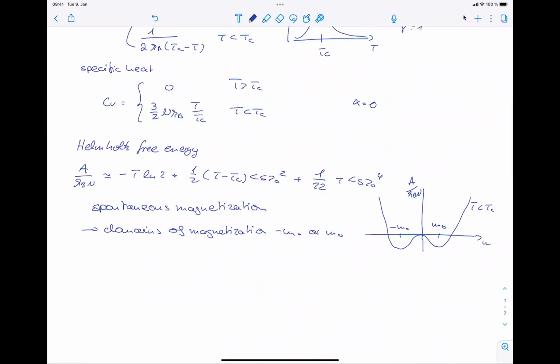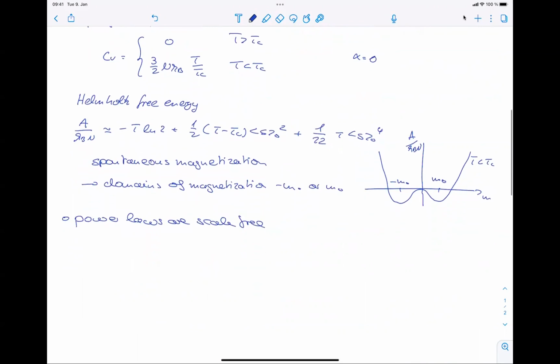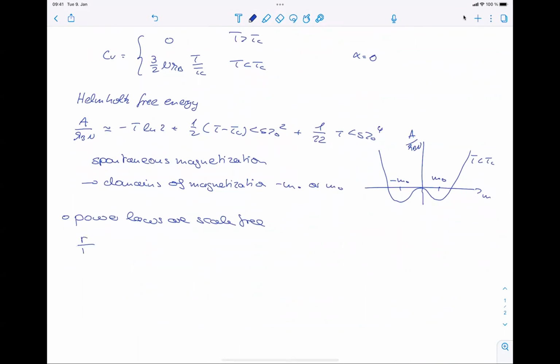And then we opened up a short discussion on why power laws are scale-free. So power laws, I refer to this kind of function.